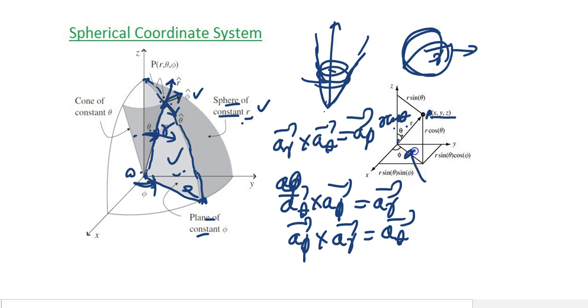If this length is r sin theta and this is your phi, when you decompose, let's say r sin theta is rho. So you know that the x component will be rho cos phi. So x is r sin theta cos phi. Similarly, y will be rho sin phi, so r sin theta sin phi.